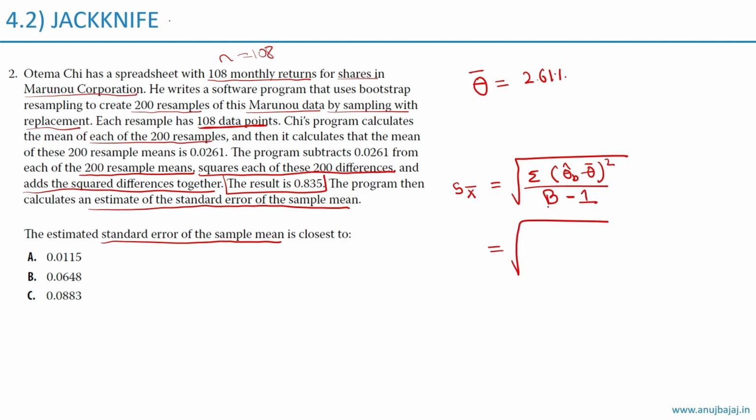In this example, the summation of all the squared deviations is 0.835 and the total number of resample means is 200, and we subtract 1 from it. So the standard deviation that we get is 0.0648, that is, 6.48% is the correct answer.